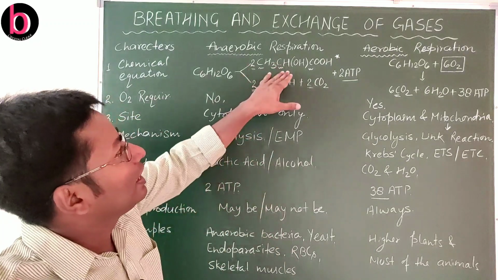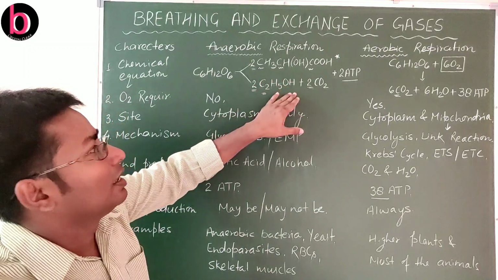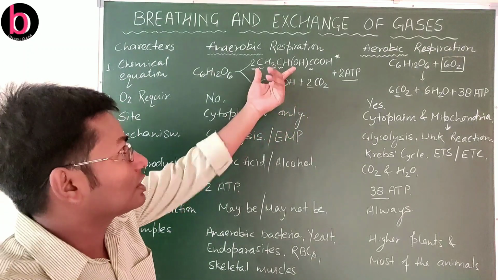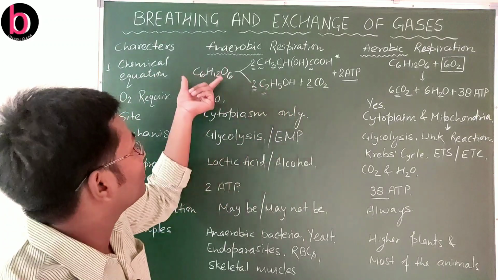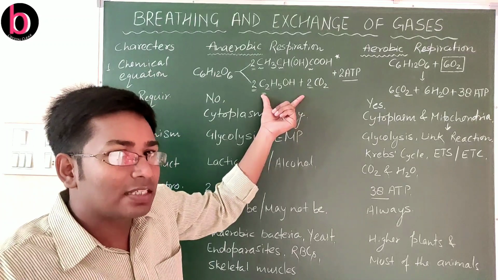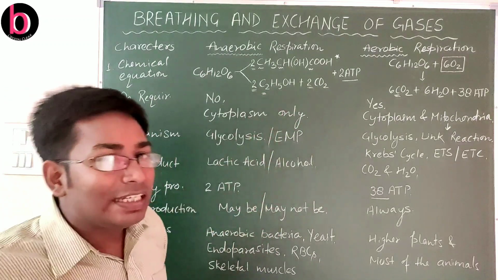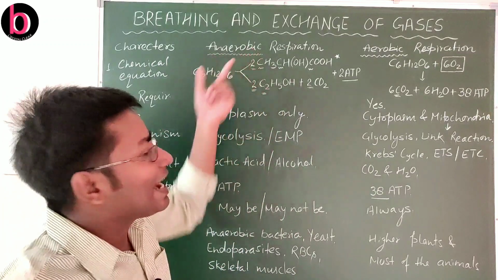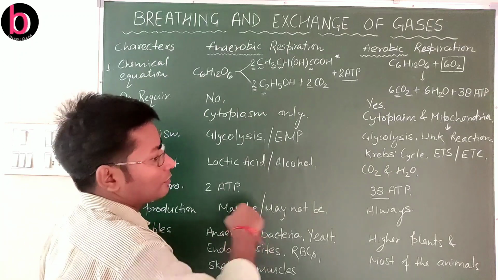There is a term like lactic acid fermentation, lactic acid bacteria. So this causes lactic acid formation. Yeast causes conversion of glucose into alcohol that is used in bakery as well as alcohol industry. So for microbes like yeast and bacteria, anaerobic respiration is also known as fermentation.